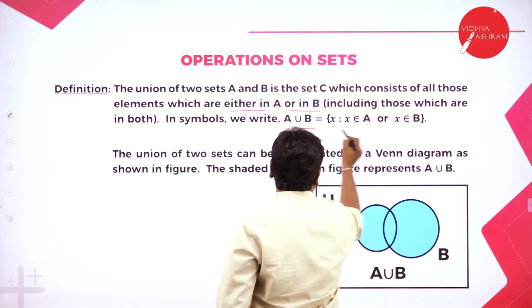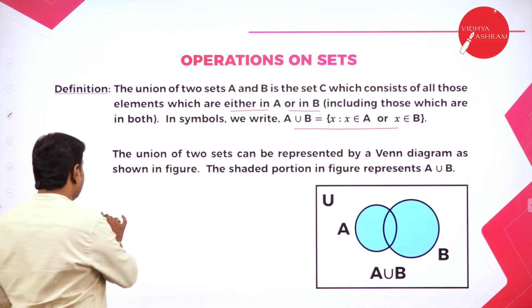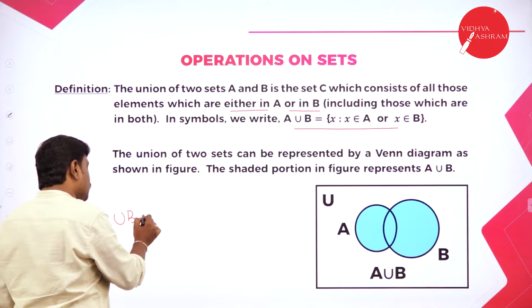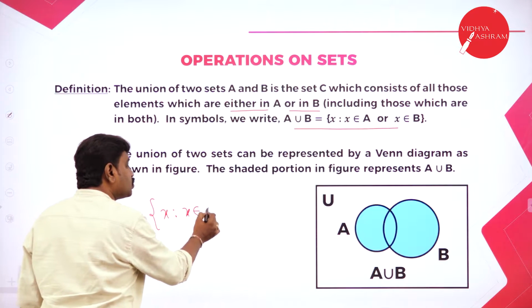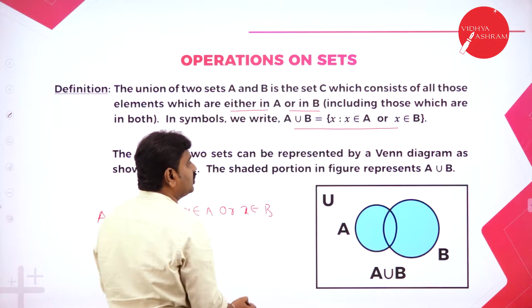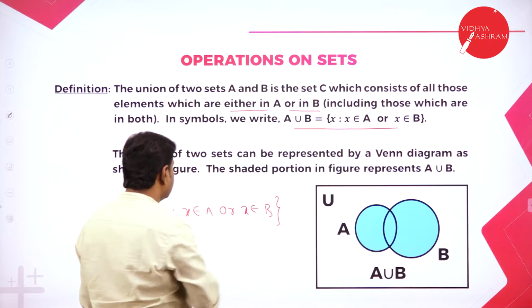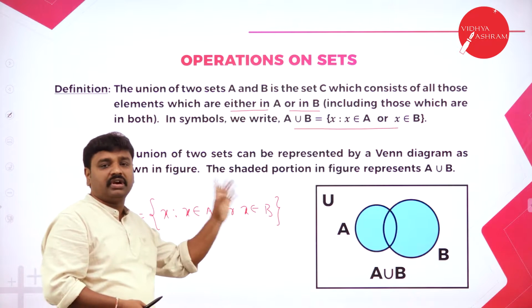And symbol is A union B. This is the exact mathematical definition. So we say A union B is a set containing element x such that x belongs to A or x belongs to B, or it belongs to both. If I take any element from the union, either it should belong to A or it should belong to B.